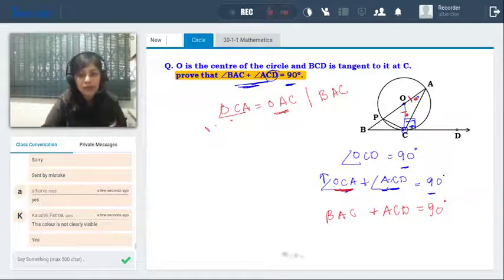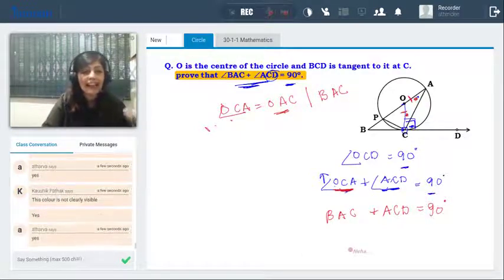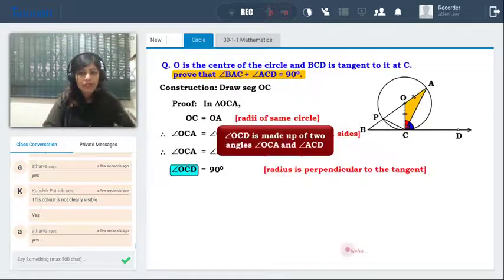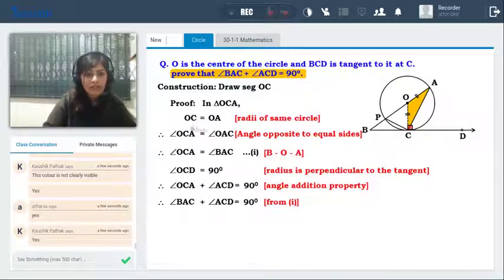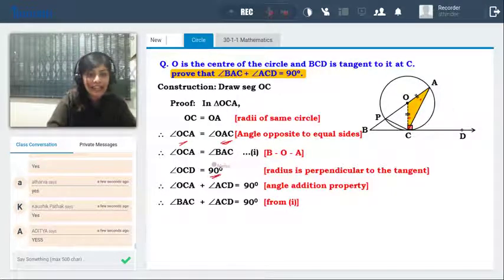I will go through the steps as well so that you understand, but I needed to explain how to attack any given problem. Please observe. We have OCA and OAC equal because they are base angles of an isosceles triangle. Now we also have angle OCD equal to 90 degrees.